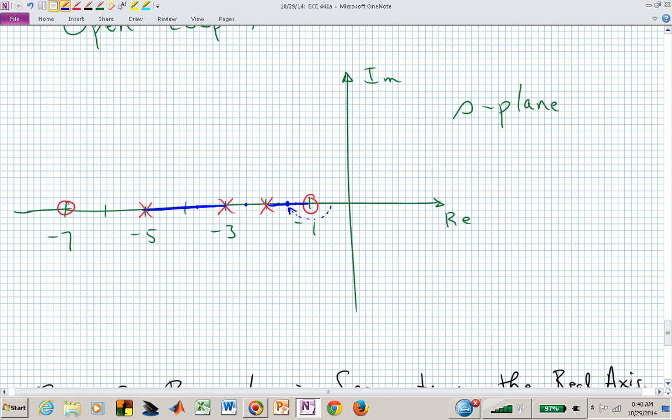What about the segment between minus 5 and minus 7? No, there's an even number of poles and zeros to the right. And finally, this infinitely long piece is a part of the root locus. From minus 7 all the way to minus infinity, that belongs to the root locus. Questions on that? That's Rule 2.